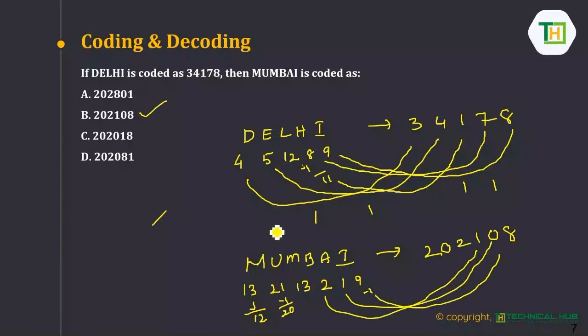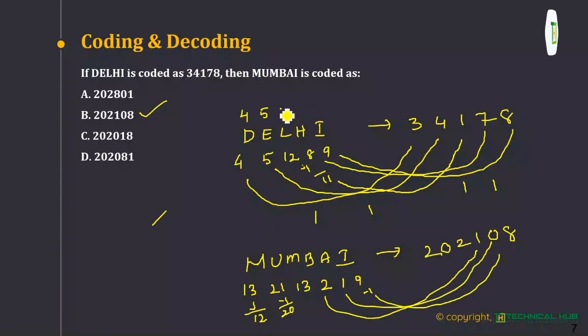And one more logic: from 0 to 10, take it as the unit digit. Above 10, 11 is taken as 1, 12 is taken as 2, 13 is taken as 3. After 20, 21 is taken as 1, again 22 is taken as 2. This is the other logic. Suppose Delhi: D is 4, E is 5, L is 12.